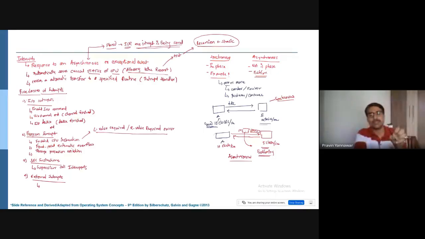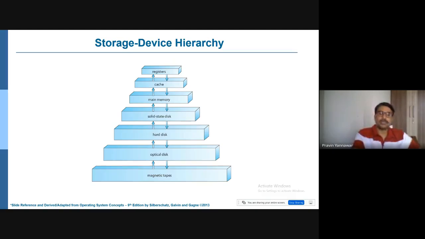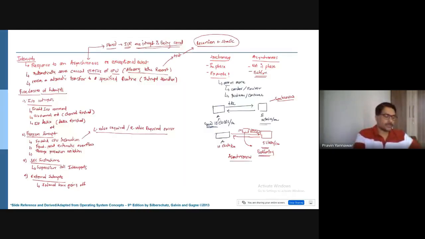An external system is giving an interrupt to the system while it is working. So it is like an interval timer going off in this case.